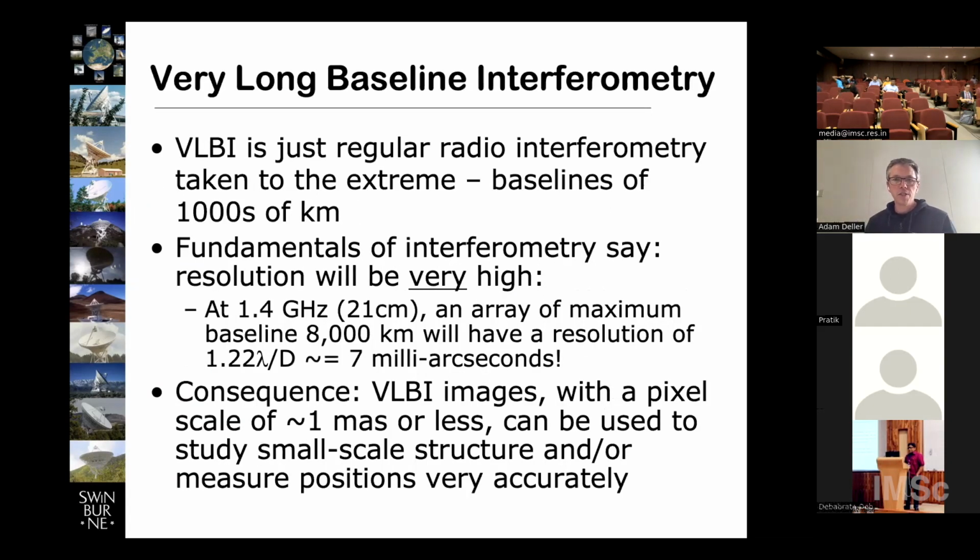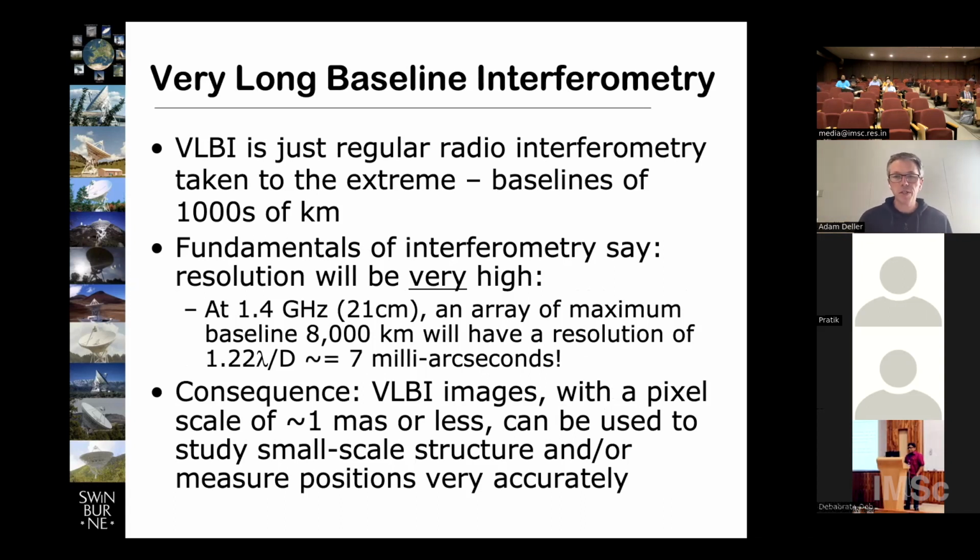So what is very long baseline interferometry for those who aren't familiar with it? Well, it's basically just regular radio interferometry taken to the extreme. So rather than baselines, separations between the antennas, of maybe kilometers, which might be typical for most radio interferometers, we're going out to thousands of kilometers.